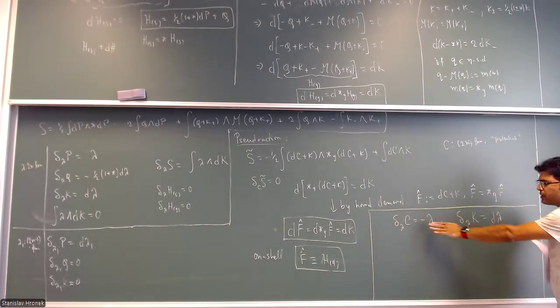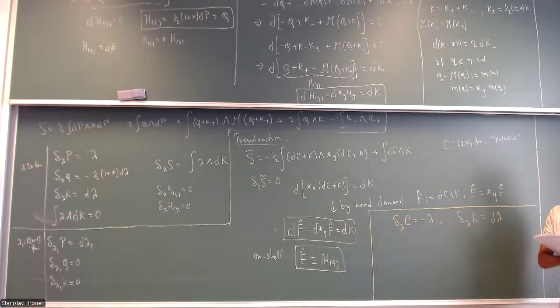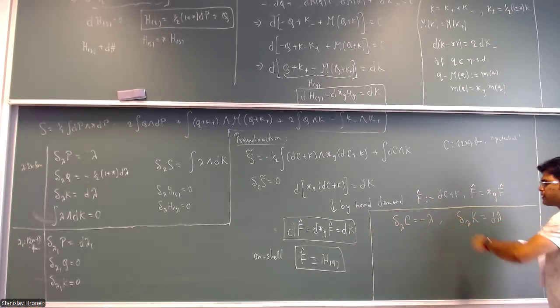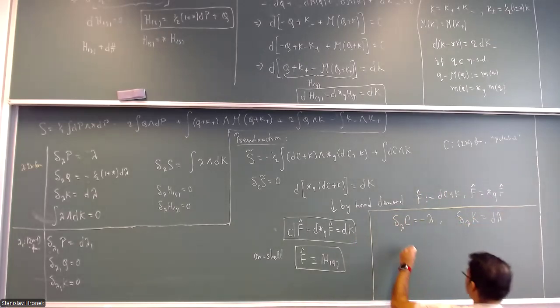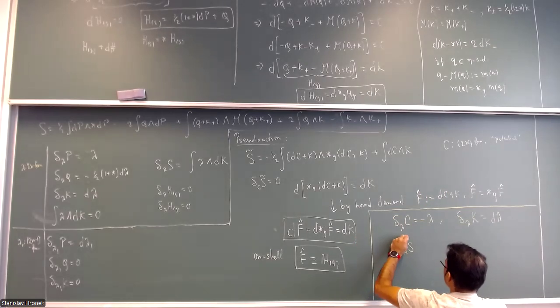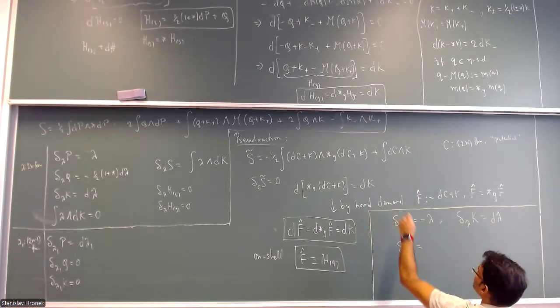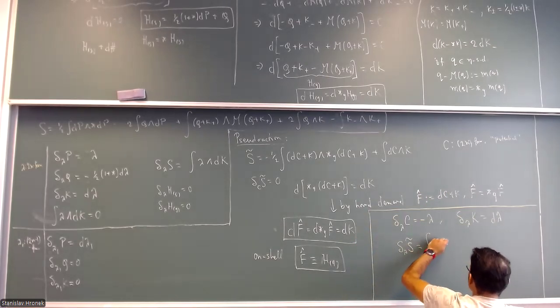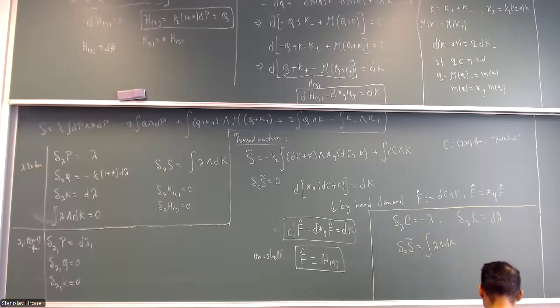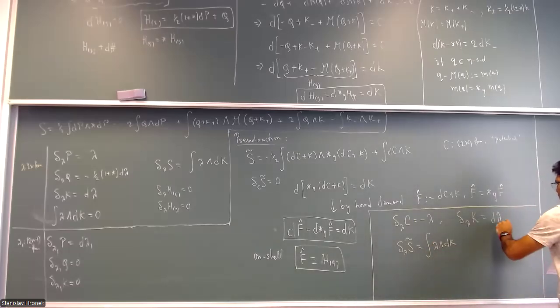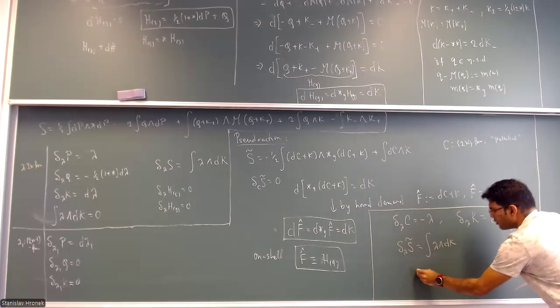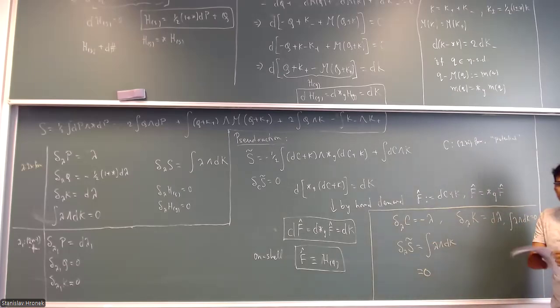I'm deliberately using the same parameter lambda. Under this, you can once again show very straightforwardly that this is invariant. So once again, if you demand this to be 0, then your pseudo action is gauge invariant. This is once again a very textbook thing.